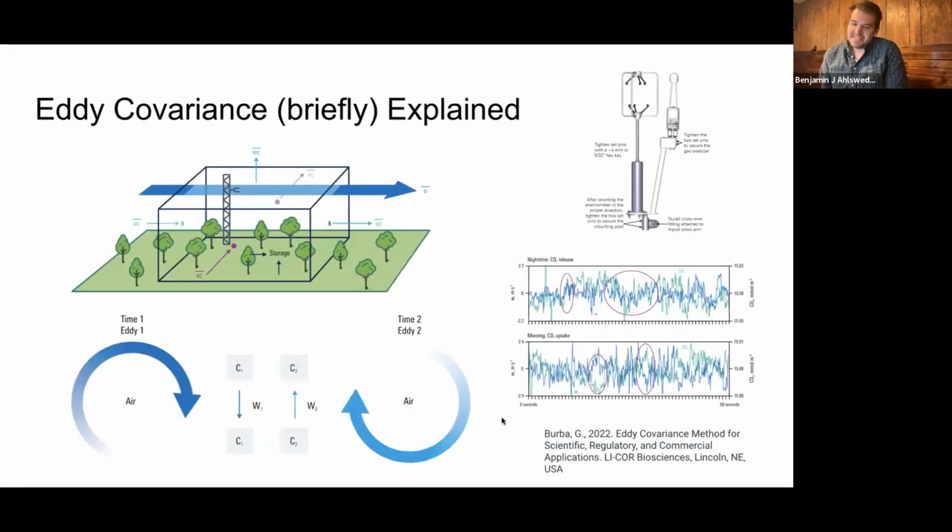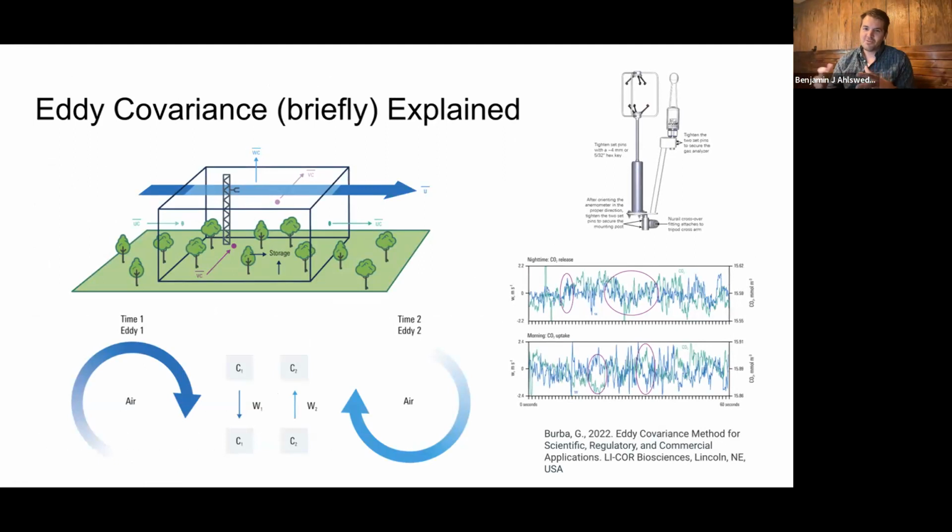So I'm going to attempt to briefly explain what eddy covariance is doing. Okay, so in an ideal world, whatever system we're interested in, if we wanted to measure the flux of something, energy, carbon, water, what have you, we would put a big box around the whole thing, and we would measure what's coming in, and we would measure what's going out. And then we could say, oh, okay, great, this is the flux of things.